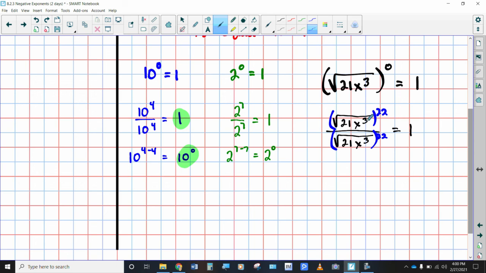If you take the square root of 21x to the third raised to the power of 22 and divide it by the square root of 21x cubed raised to the power of 22, then this quantity, square root of 21x to the third, is going to be 22 to the, it's going to be that, whatever. You get what I'm talking about, right? This has turned into a mess. Let's just erase this out of there, and trust me when I give you these examples that it always works.